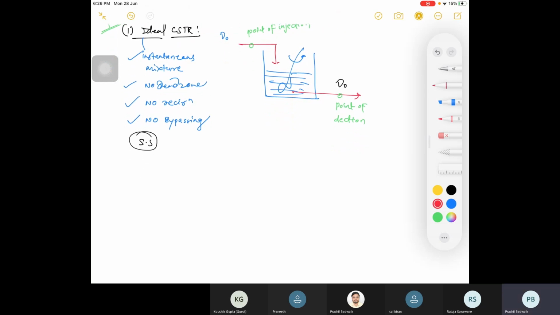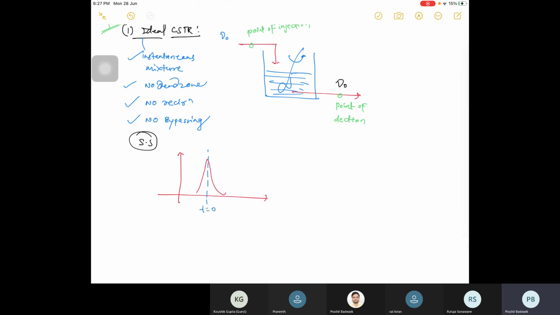Okay. Now at time t is equal to 0, suddenly you are putting a pinch of your tracer. Will you guys guess what is your profile here? Is it similar to what I drew?